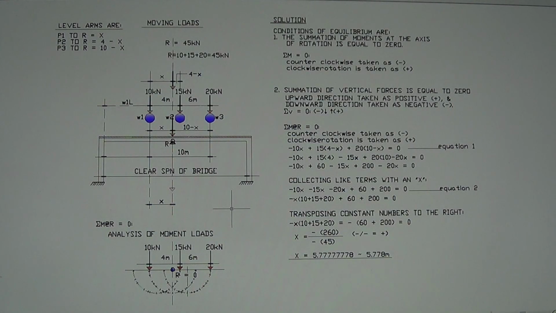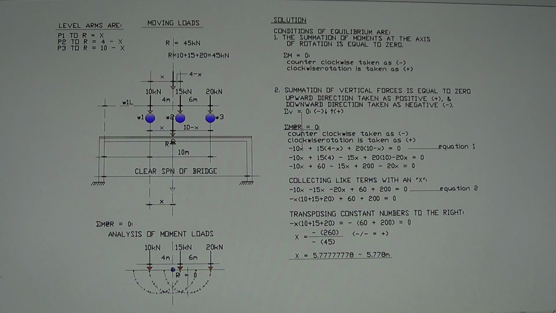So we have all that rotation, we have all the lever arms, and then we can start the first condition of equilibrium, which is the summation of moment at the axis of rotation. So the summation of moment at point R is equal to 0.